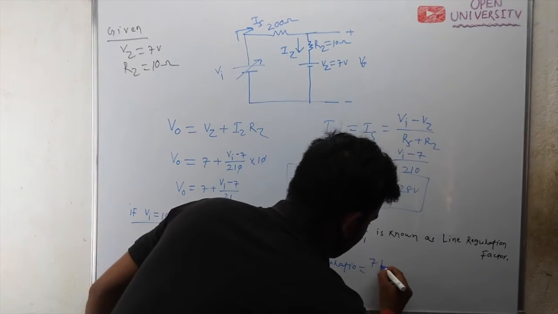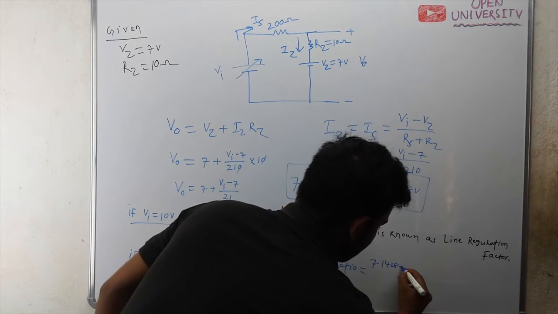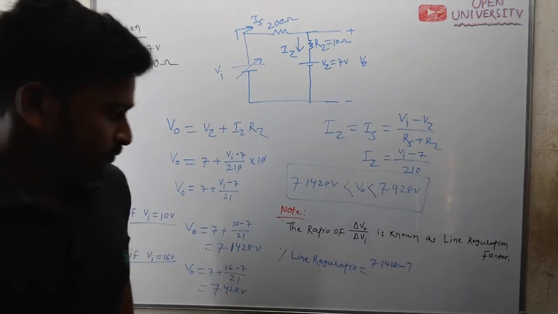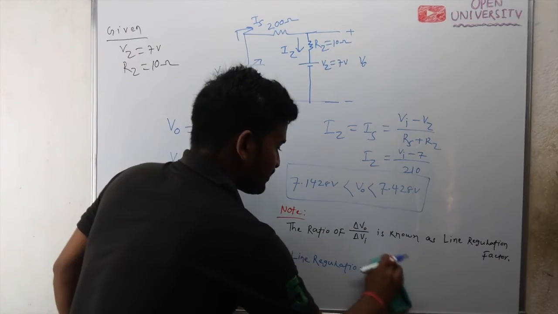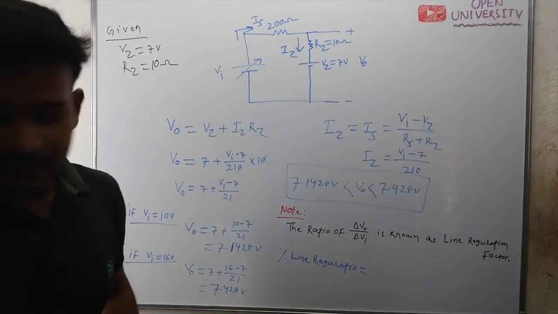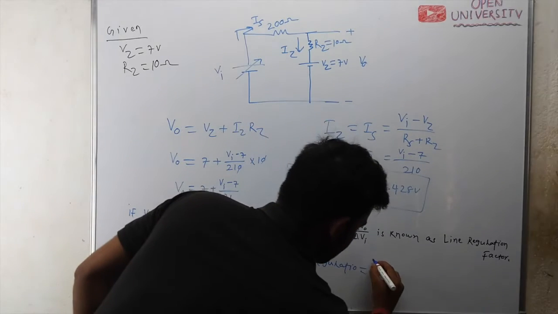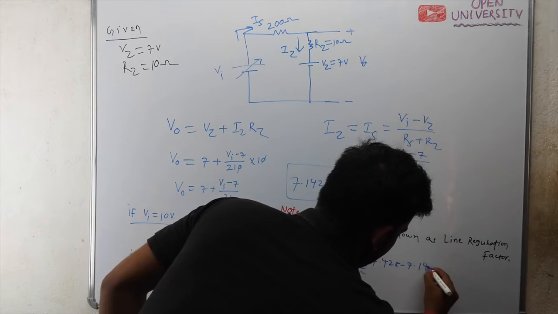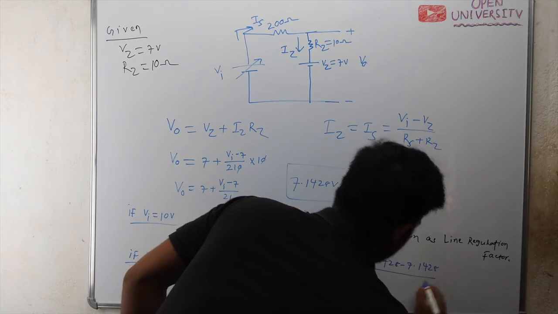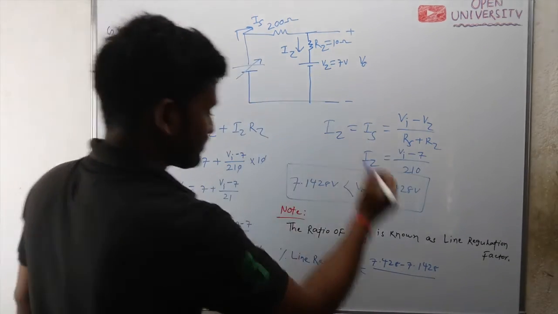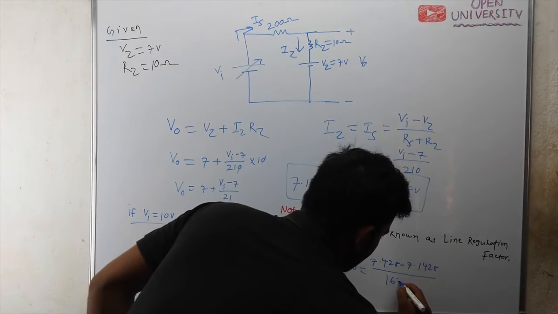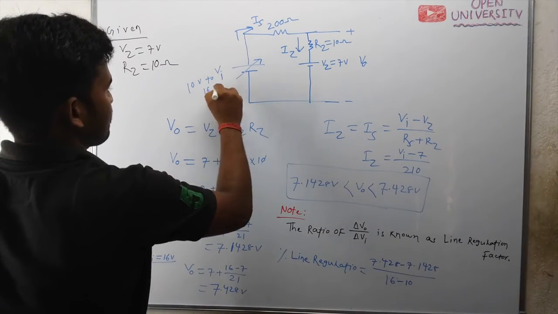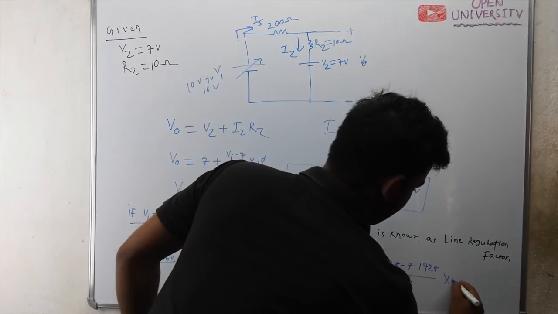It is the maximum value minus the minimum value: 7.428 minus 7.1428, divided by the change in input voltage, that is 16 minus 10, since the input voltage is varying from 10 volt to 16 volt, into 100.